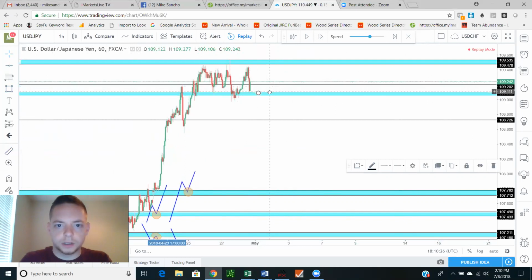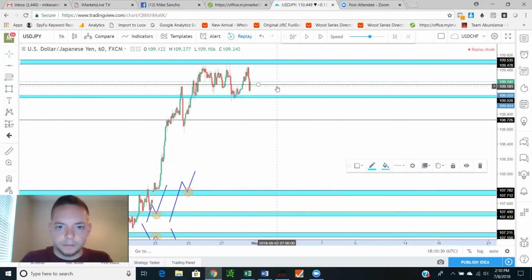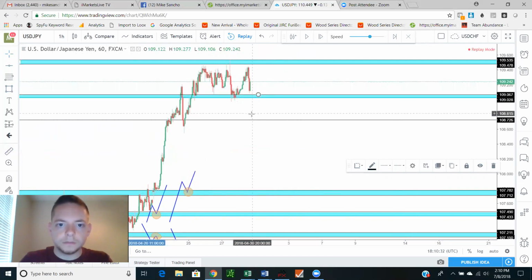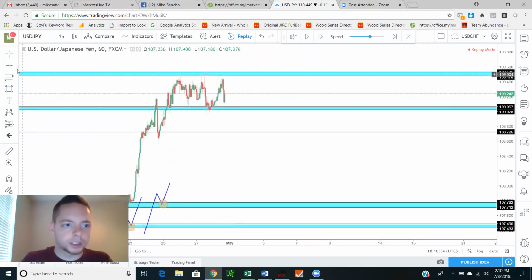Okay, move this to the most recent floor. So now it's in this consolidation zone. So what I'd be looking for is a break either to the top side or the downside. See what happens.